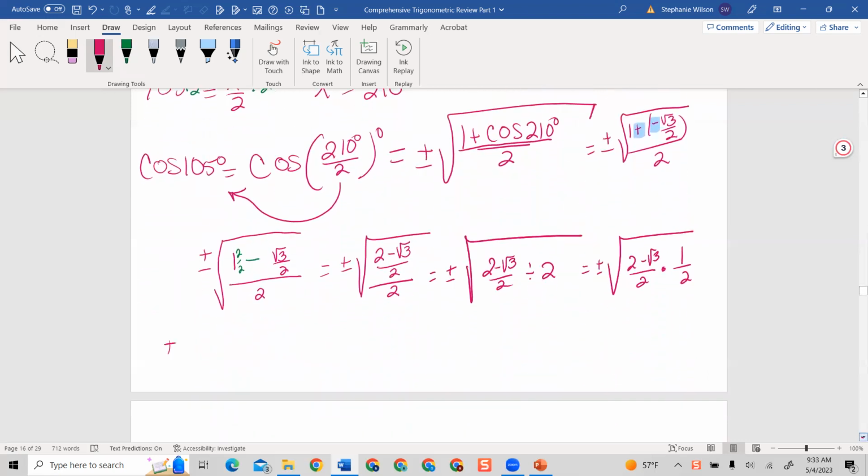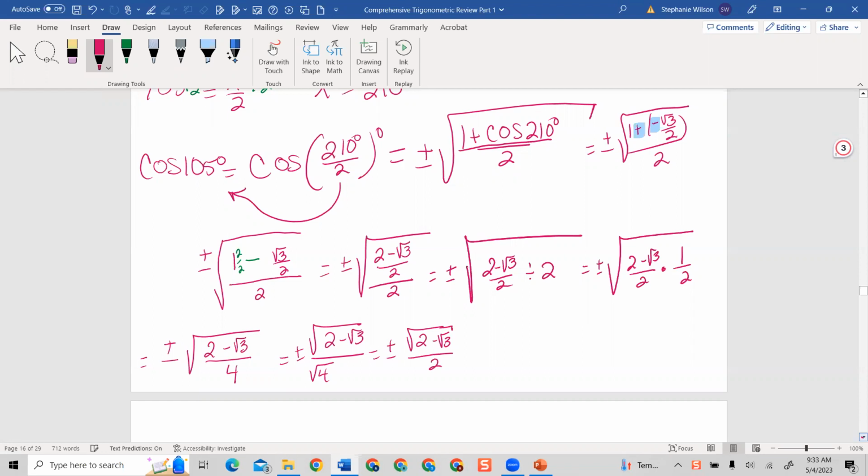So now I got plus or minus the square root of 2 minus square root of 3, and the denominator is 2 times 2, which is 4. I'm going to rewrite it. So now I got plus or minus, and the square root of 4 is 2.